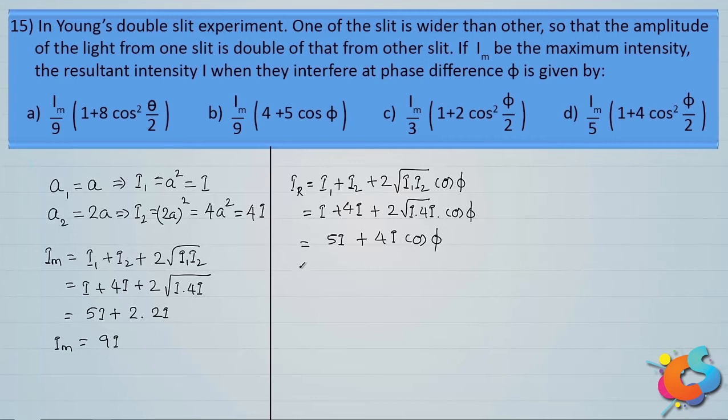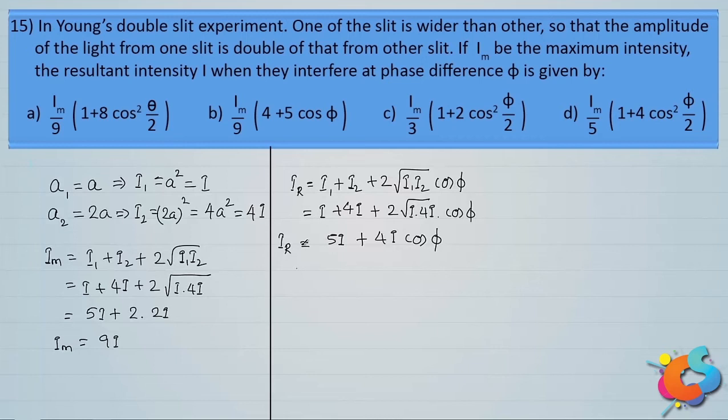Now you can have a look at the four options. Do we have any option which is close to 5I plus 4I cos phi? Option B seems to have a similar term, that is 4 plus 5 cos phi, but it is slightly different from what is obtained. So you'll have to go further.